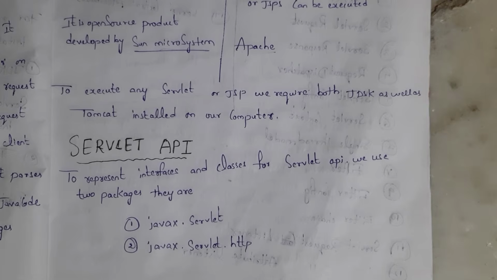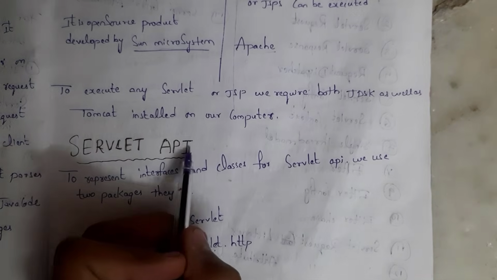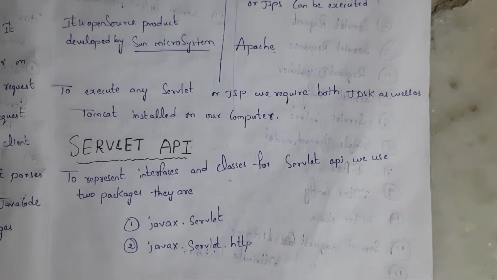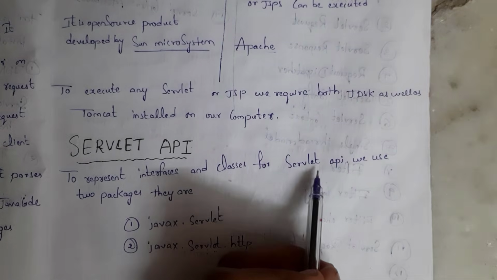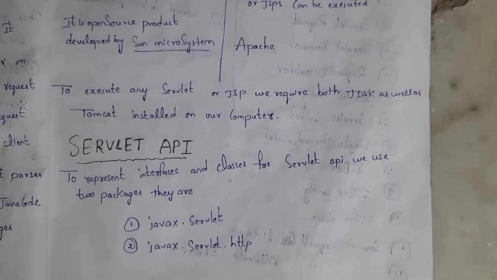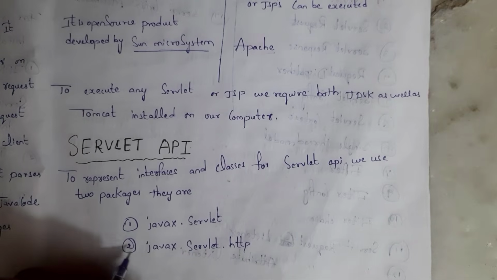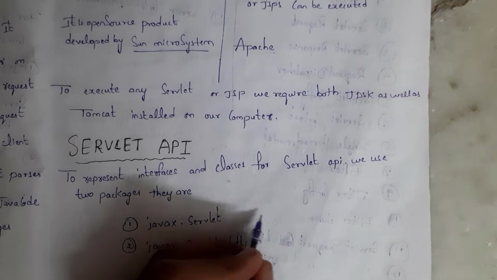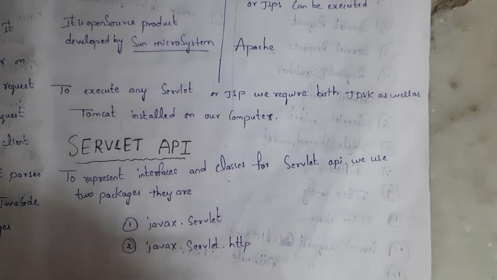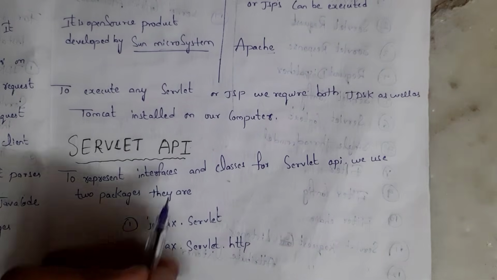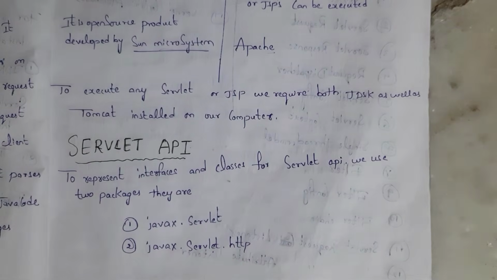Next topic is Servlet API, where API stands for Application Programming Interface. In order to represent interfaces and classes for the Servlet API, we use two packages. First one is javax.servlet and next one is javax.servlet.http. These are the two packages that are used to represent interfaces and classes for the Servlet API.